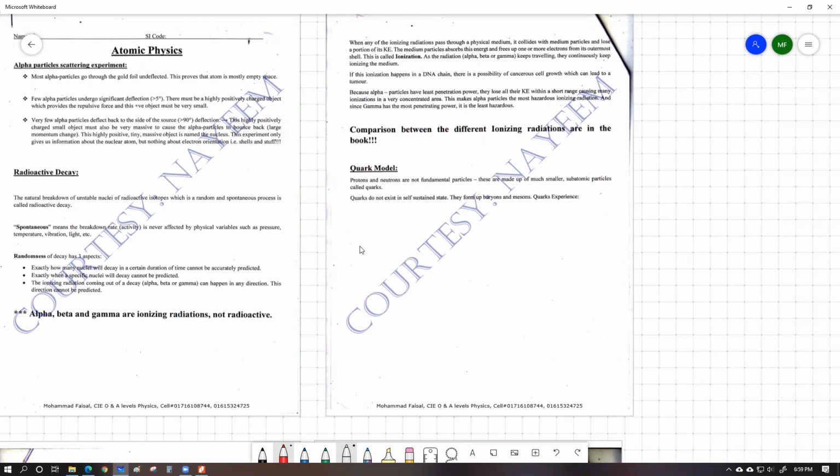So every quark has a baryon number of +1/3 and every antiquark has a baryon number of -1/3.